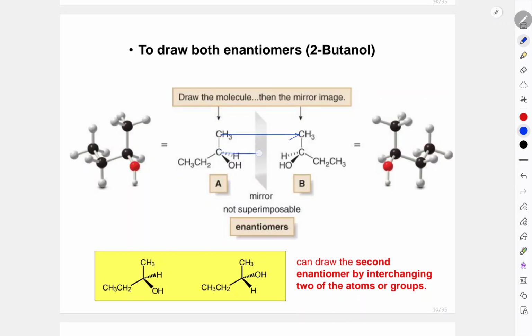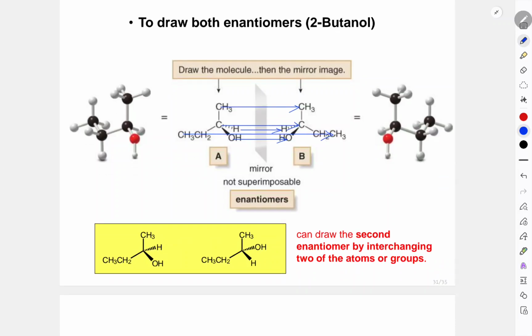There's a little tip to draw a second enantiomer based upon the first enantiomer. So let's say you have this first perspective formula for the given enantiomer, then you can just switch, interchanging two of the atoms or groups, and that will give you the second enantiomer. Okay? So in this case, you can imagine swapping these two, right?